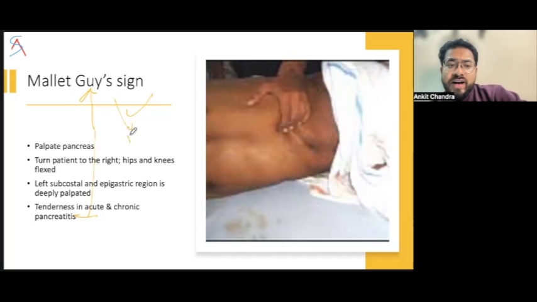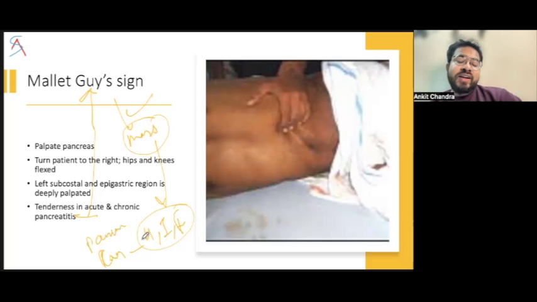If there is any mass of the pancreas, you are able to palpate it. If it is hard, irregular, and fixed, then think it's a pancreatic carcinoma. And in pancreatic carcinoma, this mass will be palpable only at a late stage. This mass won't move with respiration because it's retroperitoneal.